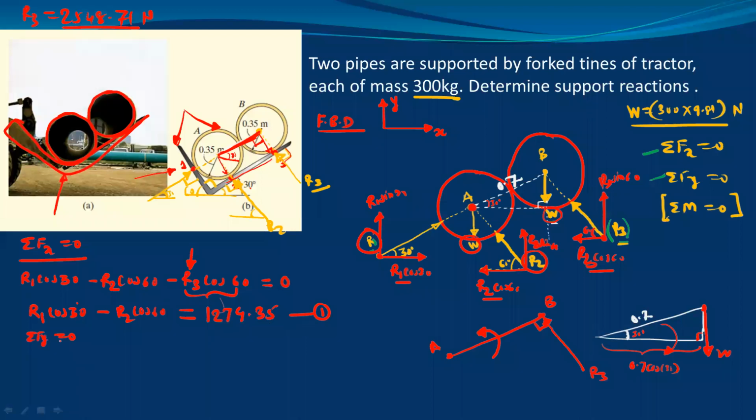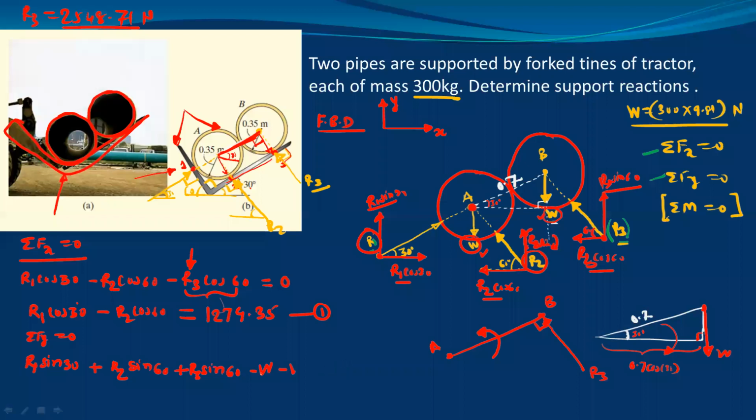Now use summation Fy. For the summation Fy, the first component in the y direction is R1 sin 30, plus the second component R2 sin 60, then the third component plus R3 sin 60, and we have the weight in the downward direction, so it is minus W, and this is equal to 0.